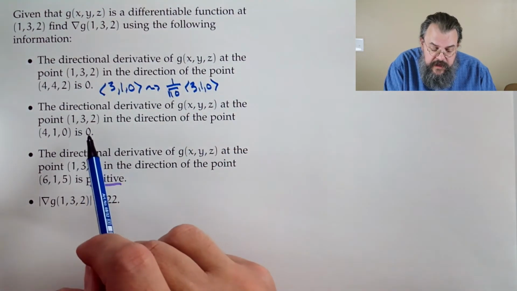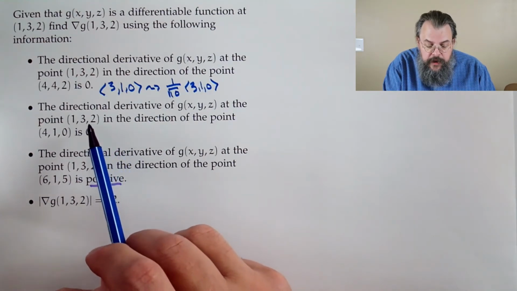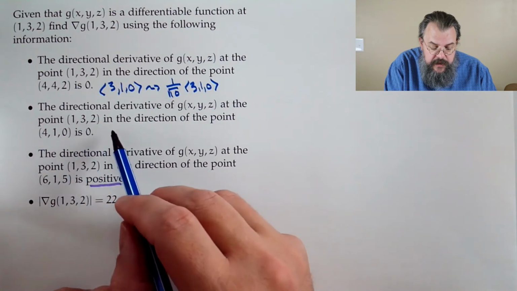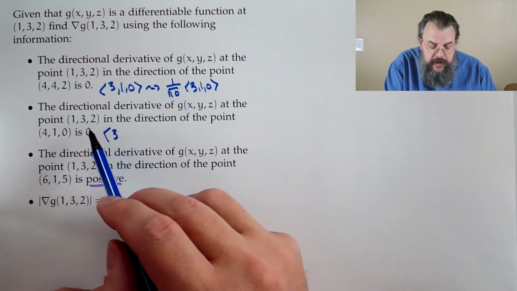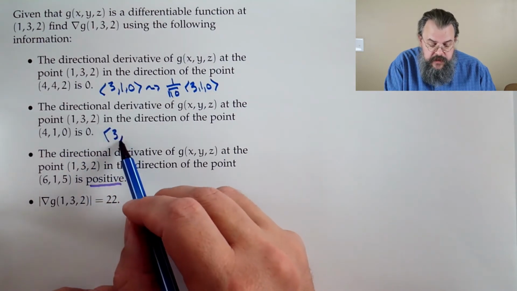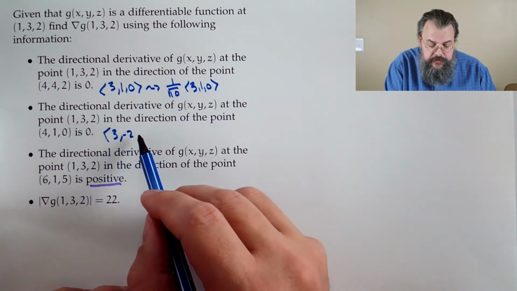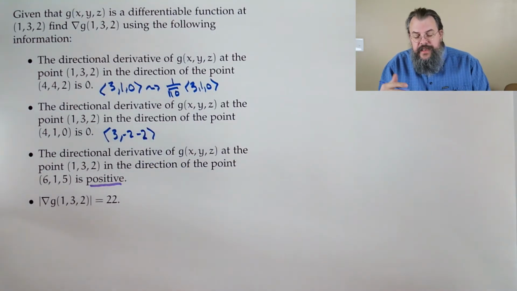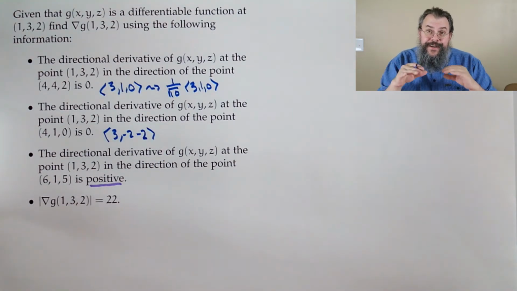So similar, let's do it here. All right, 1, 3, 2 towards 4, 1, 0. Well, up by 3, and then down by 2, and down by 2. Okay, well, same thing. It's not a unit vector.